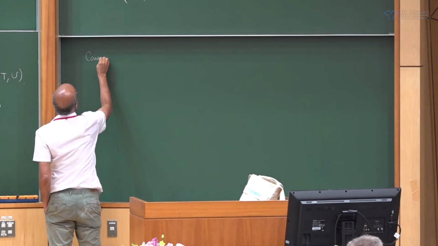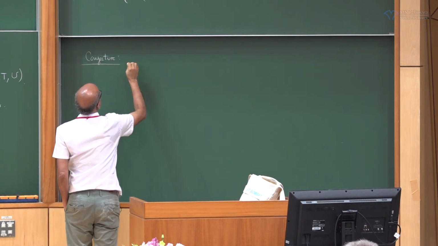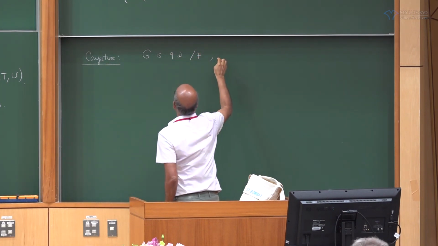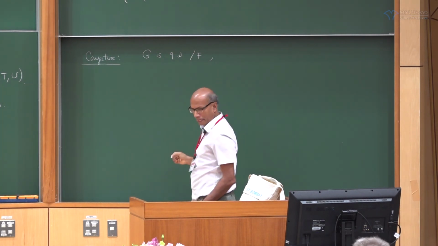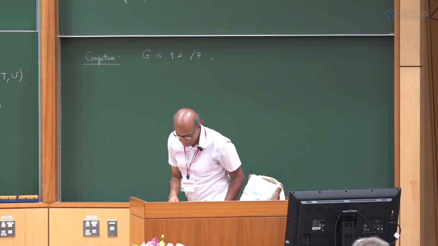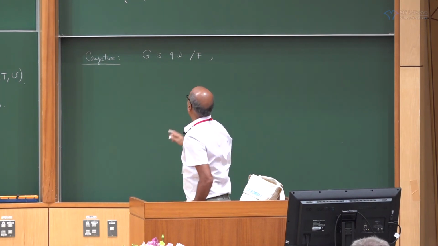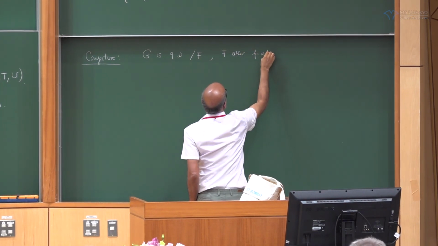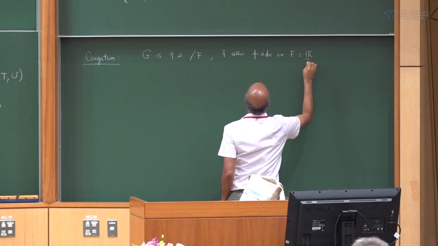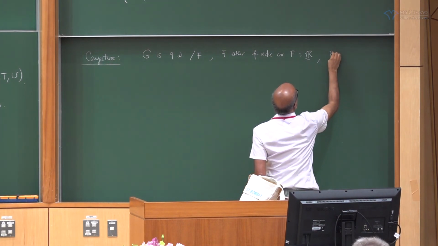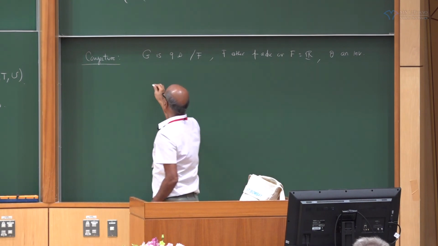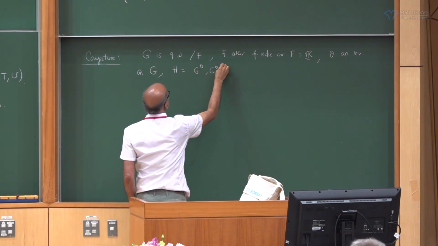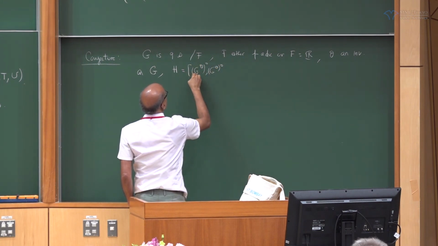So conjecture. In this case, G is quasi-split over F. Let us say F is either p-adic or F equals R, theta an involution on G, H is equal to G theta naught, the commutator.